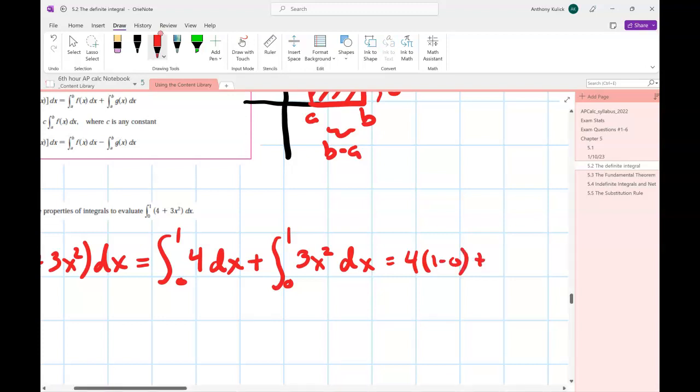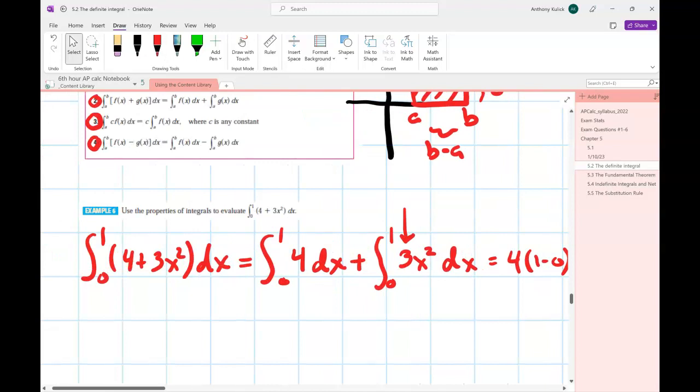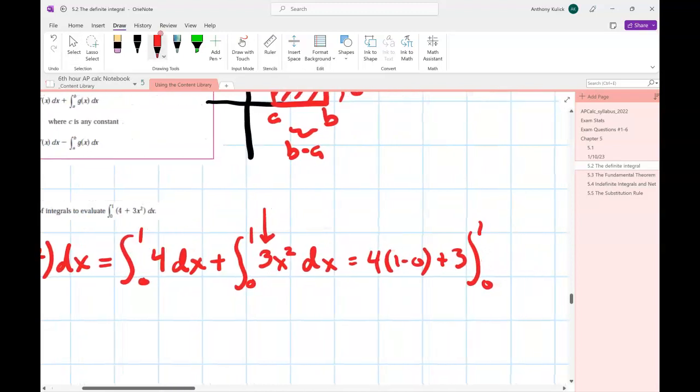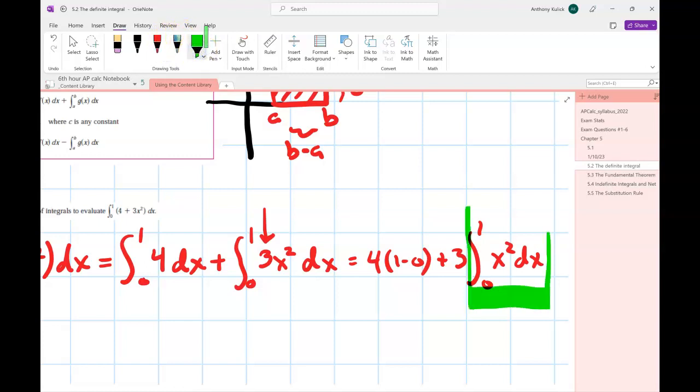Everybody's okay there? The second integral, I have this constant. So using property 3, I can pull that constant out front. Is everybody okay there? The unfortunate part is that this, I don't have anything to work with.